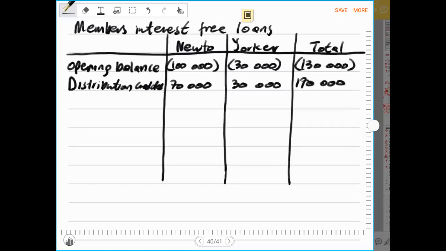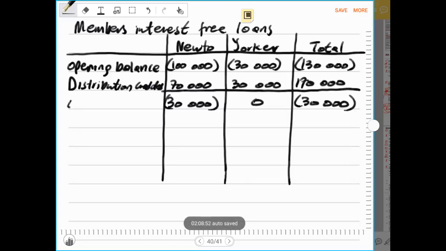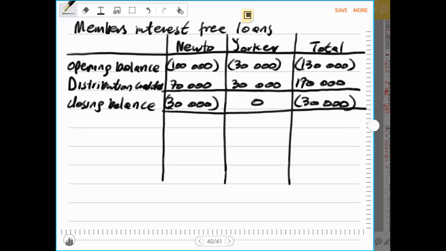Remember what I meant when I was explaining the opening balance is that if you took your opening balance as positive, then the distribution will have to be negative. So just be consistent with your method. Then now the closing balance will be 30,000 rands, which will be negative, and here there will be 0, and the total will be 30,000 rands negative, which will be the closing balance, because there was no other entry that affected the loan. There was no loan advance during the year.